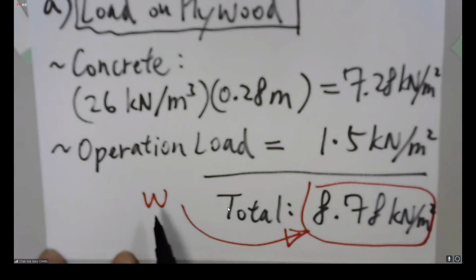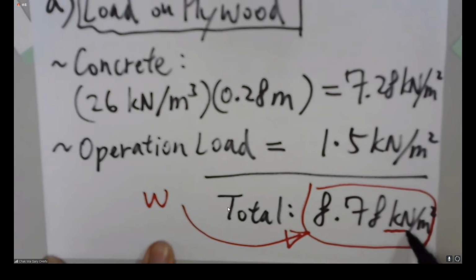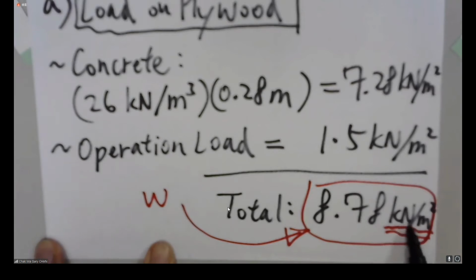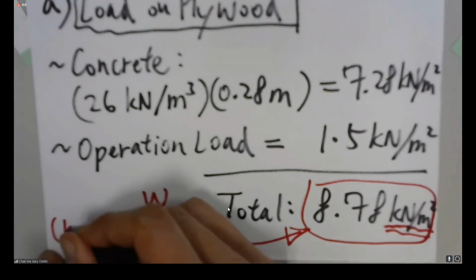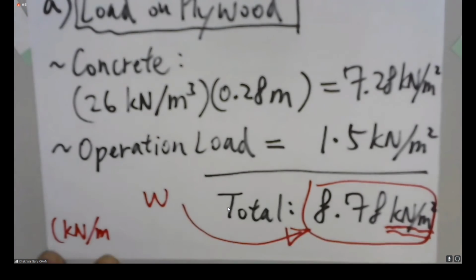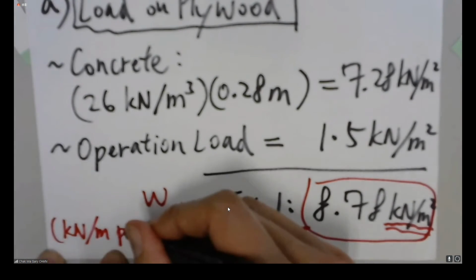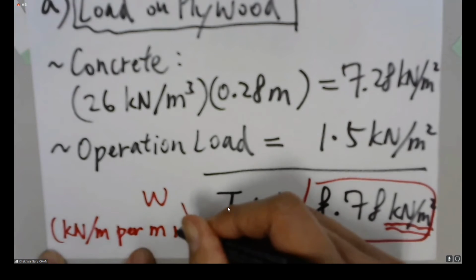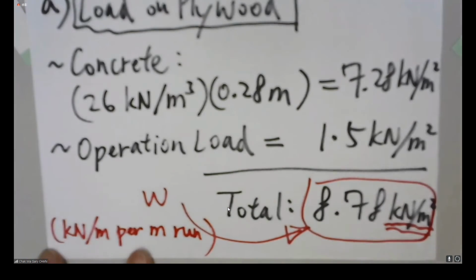When you use W in load case B, you have to change the unit from kilonewton per square meter to kilonewton per meter run. So remember this one, because we are talking about 1 meter width of the plywood.